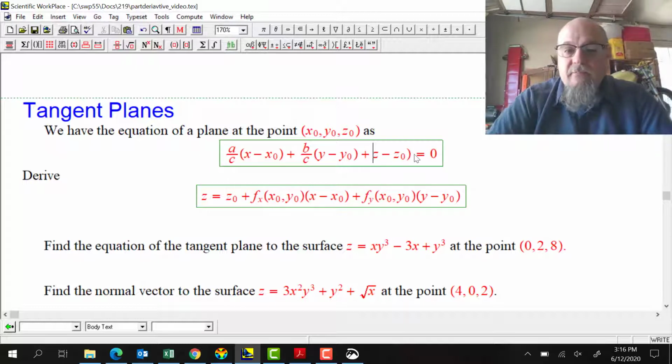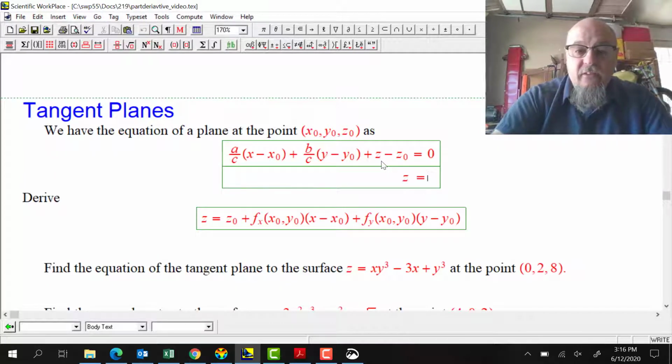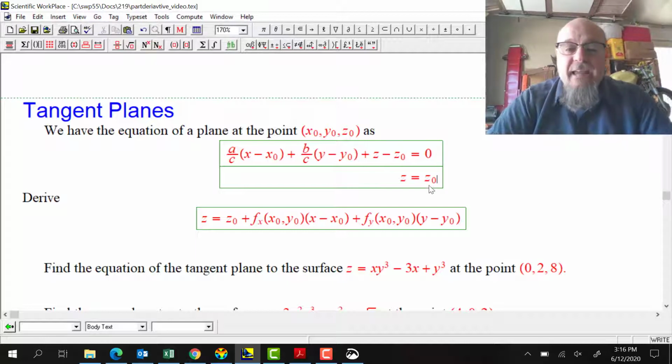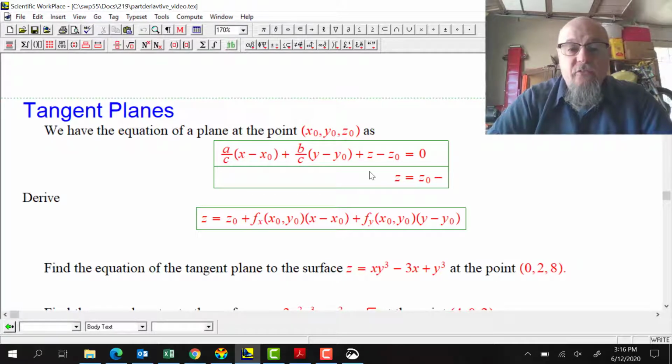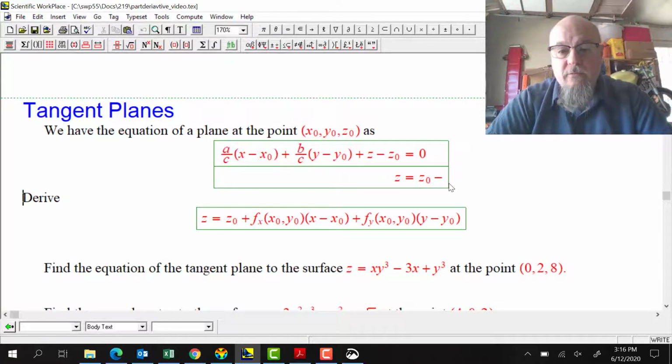And if I were to solve this equation for z, we would get z is equal to z naught, which I guess I could write as f of x naught, y naught as well, minus, this would have to go over to the other side and the other piece would have to go over. So these would both become negative.